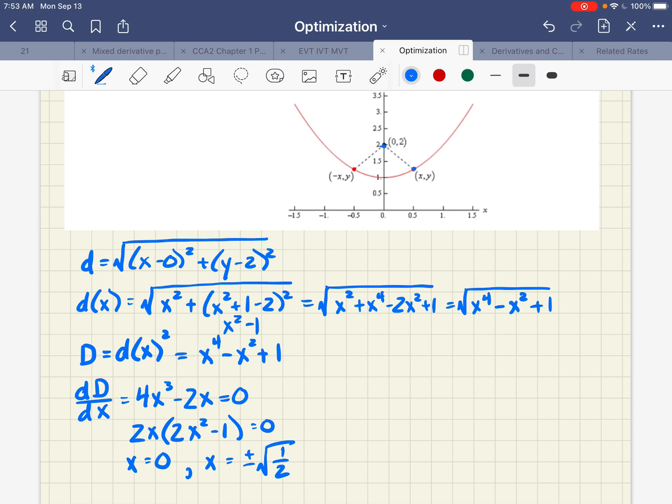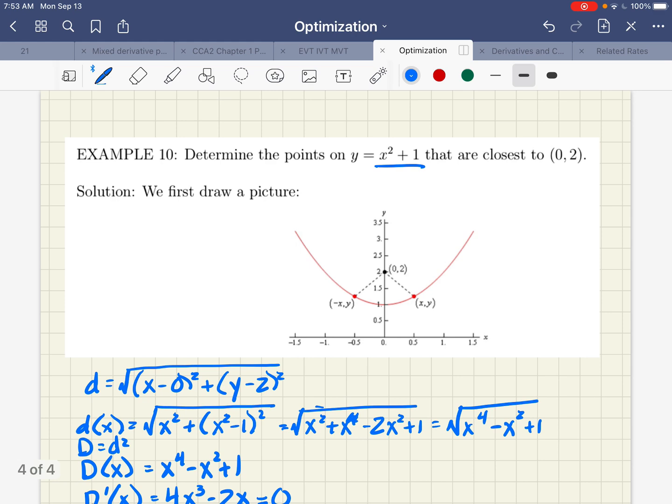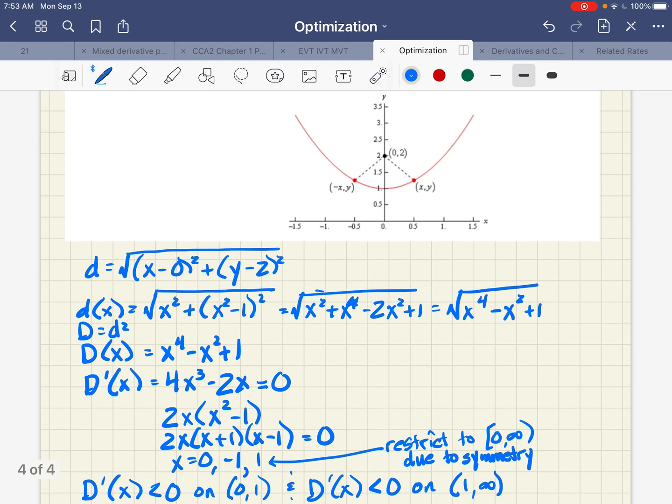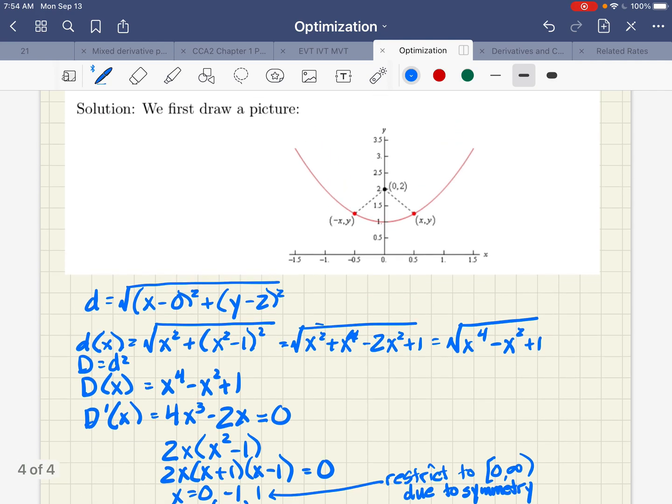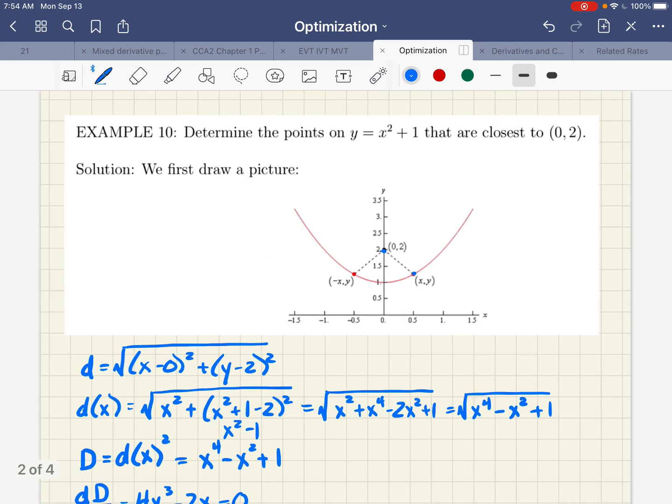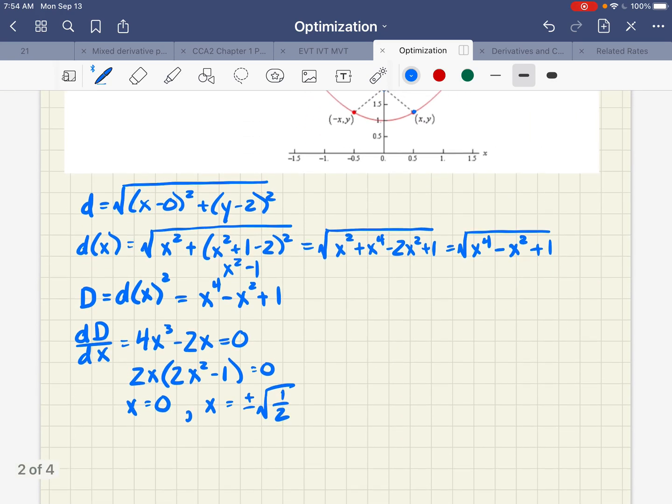So instead, let's look at the behavior of the derivative on either side of this critical value.